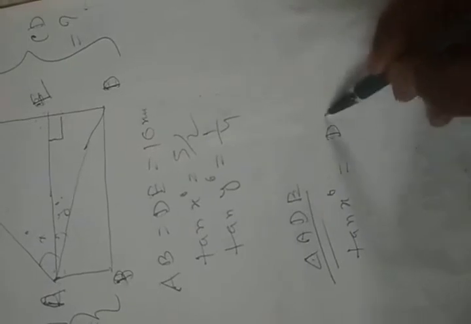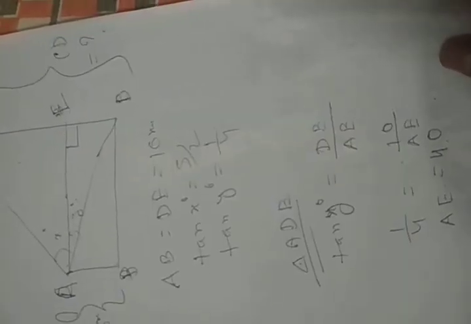So from triangle ADE, tan y equals height by base, the height being DE and the base AE, and the value of tan y is given, 1 by 4.